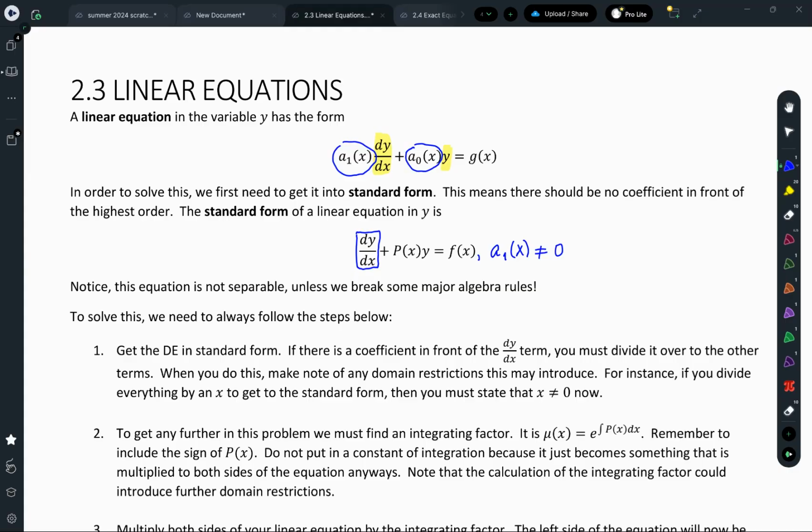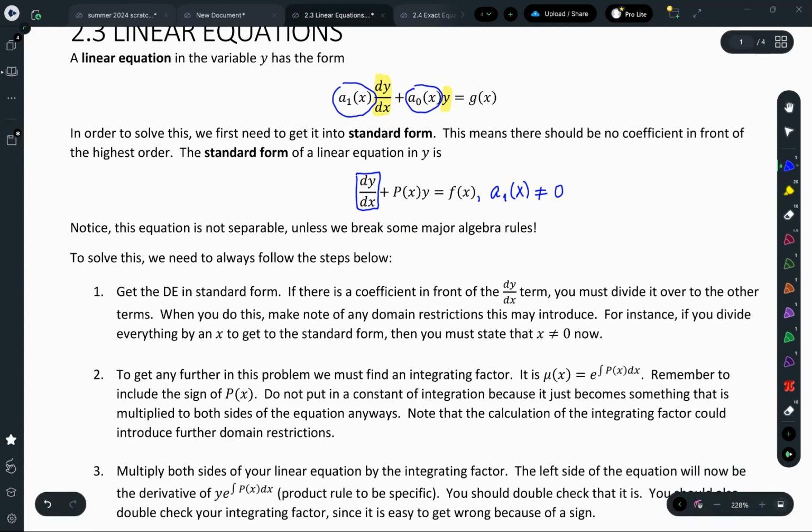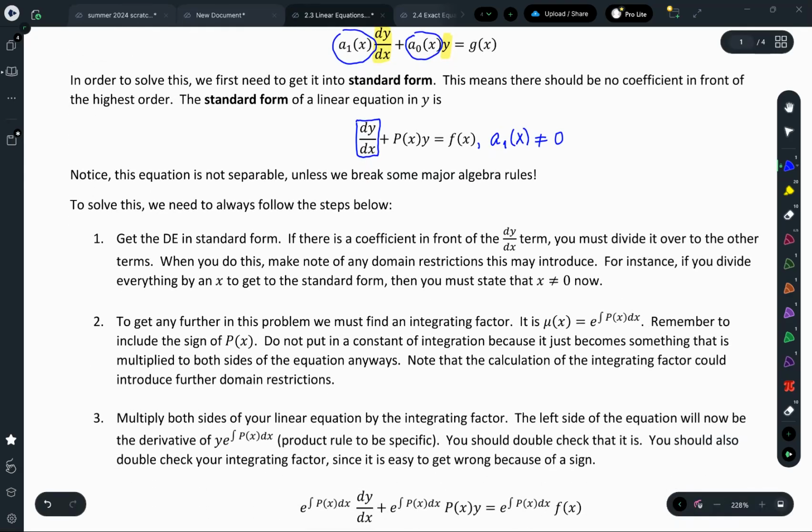We have a specific method for solving this with regards to first order linear equations. We will learn higher order linear equations, and that's why I keep specifying first order. So the first thing we have to do every single time is get the differential equation in standard form. That means moving things around possibly, or we may have been given the differential equation in standard form.